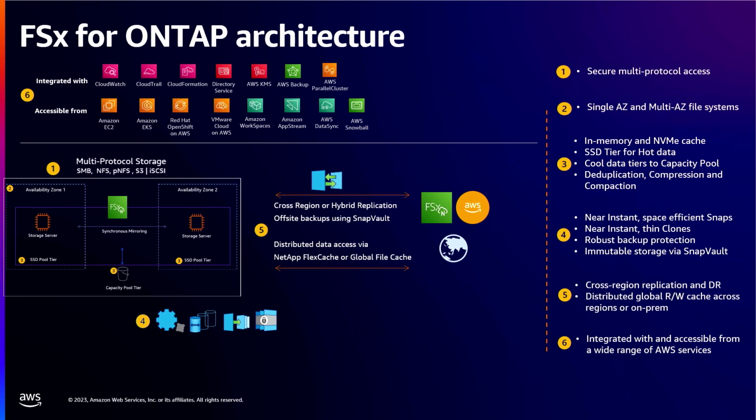It has full integration with ParallelCluster, KMS, and it's also accessible from a wide range of compute resources like EC2, of course, EKS for Kubernetes platforms, Red Hat OpenShift platform, as well as other AWS services like WorkSpaces.